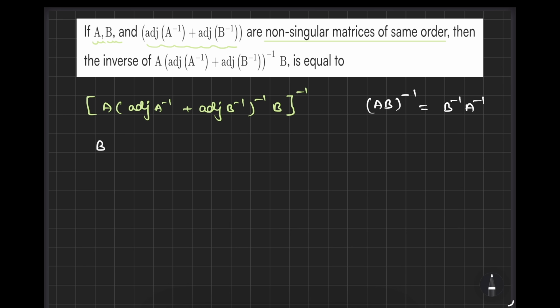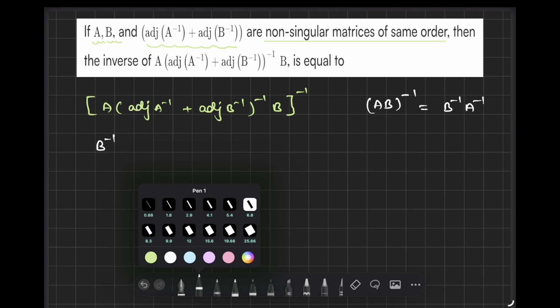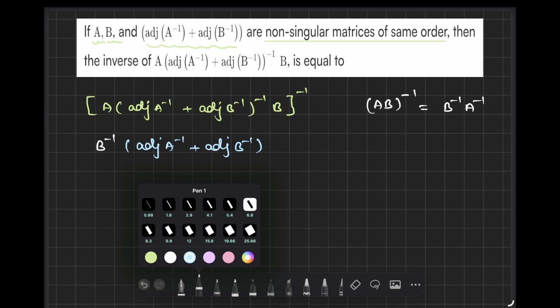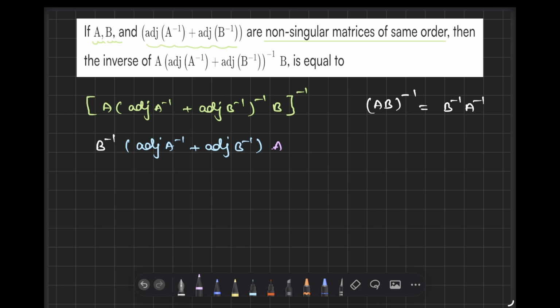So first we write B inverse, last first, and then the middle part, adjoint A inverse plus adjoint B inverse, inverse. The inverse will become the same, and then we have A inverse. Correct? I hope till this part you guys are okay.